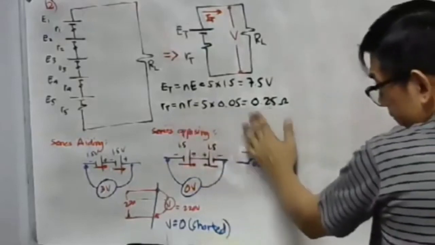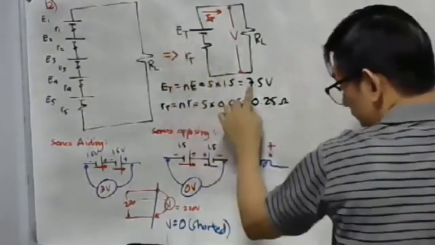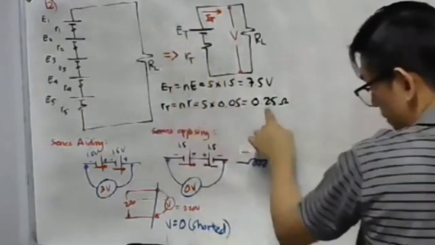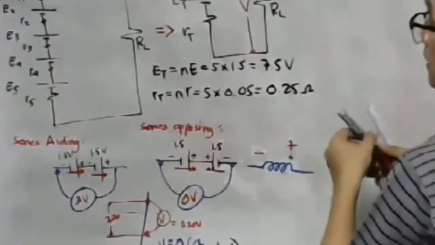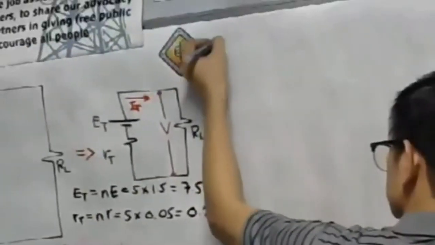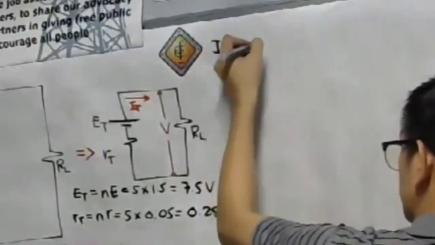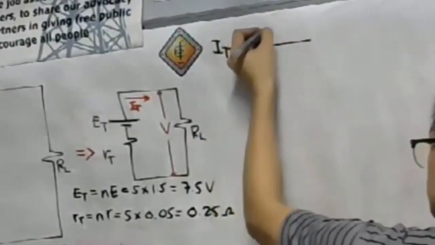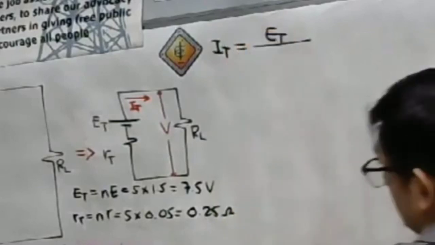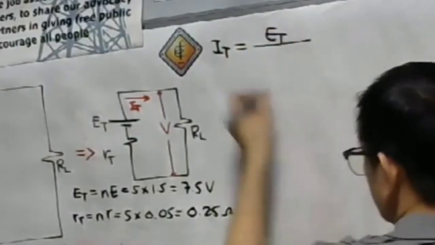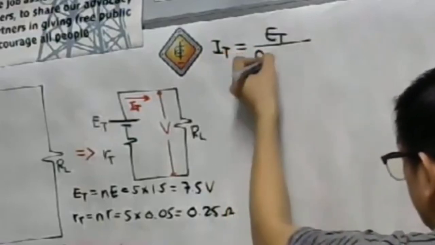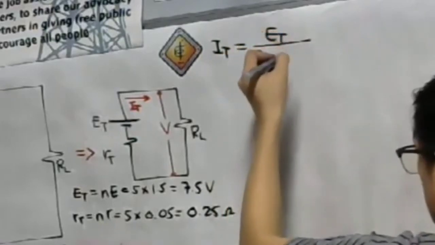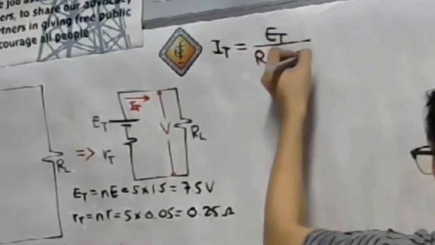Let's take a look here. We have our E total, 7.5. Our total internal resistance, we have 0.25. The question is the total current. For number 12, again, what is our total current? Our total current is simply equal to the total voltage, ET, over the load resistance, RL, plus RT.